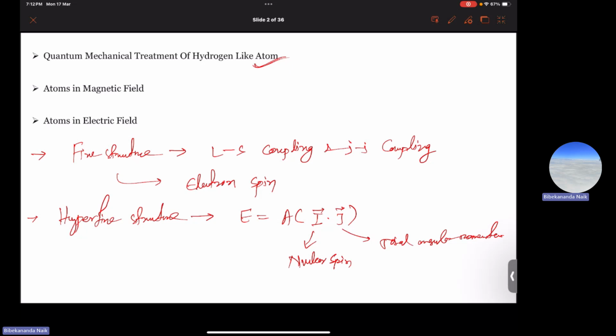Similarly, if we talk about the components, in total angular momentum, J was L vector plus S vector. Similarly, F is I vector plus J vector.